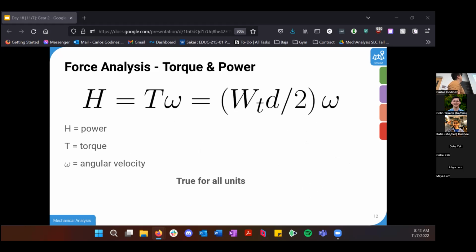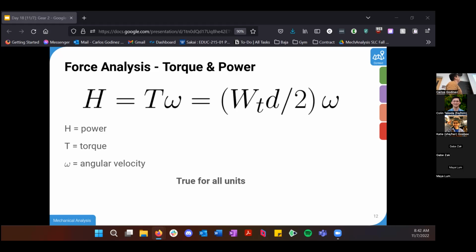This equation is true for all units. Actually, sorry, I'm getting a little ahead of myself.